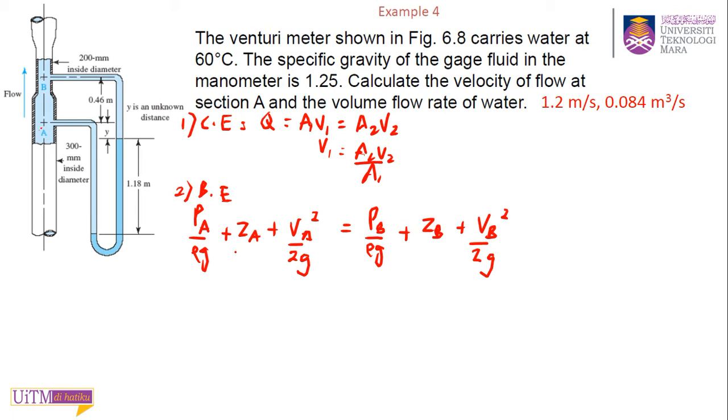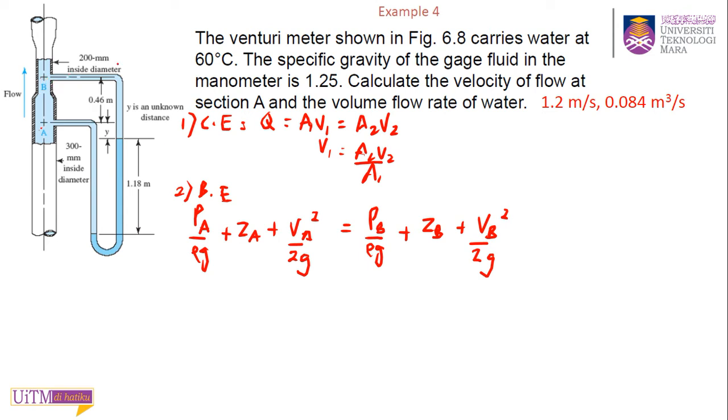ZA and ZB. Is it? Can we cancel out the Z term? Anyone? Tak. Tak ada kan? Sebab ZA, ZB bukan sama kan?